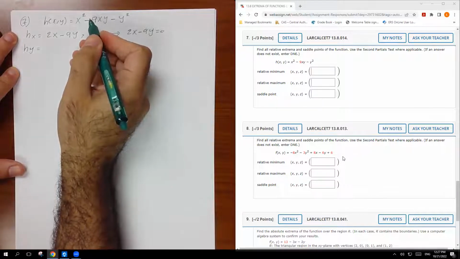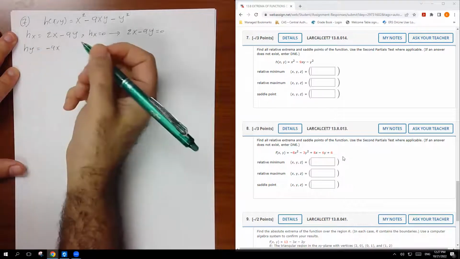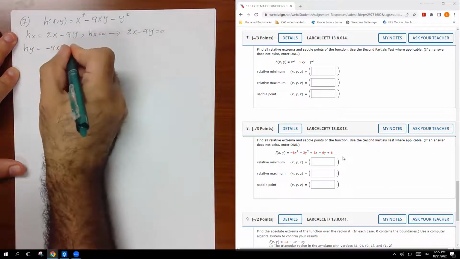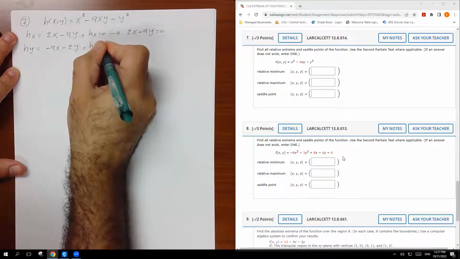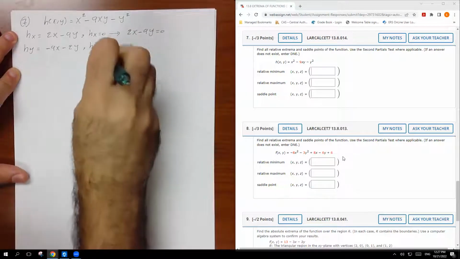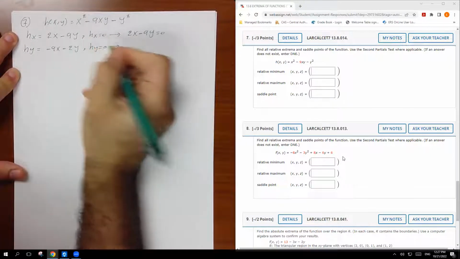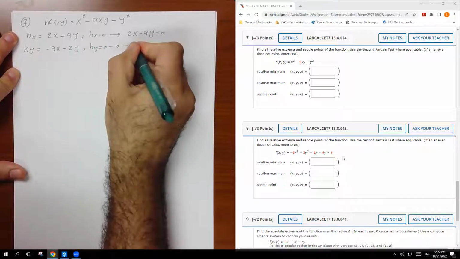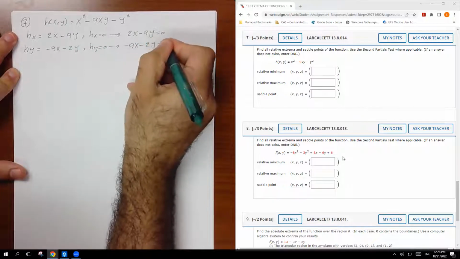With respect to y, it's going to be negative 9x minus 2y. Now h with respect to y equals 0. That means negative 9x minus 2y is going to be equal to 0.